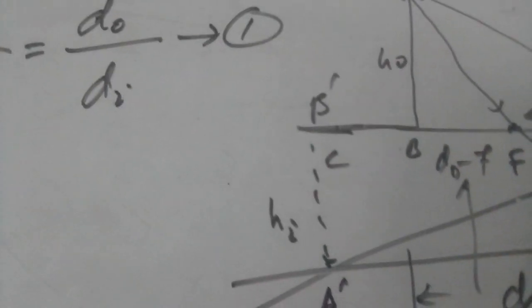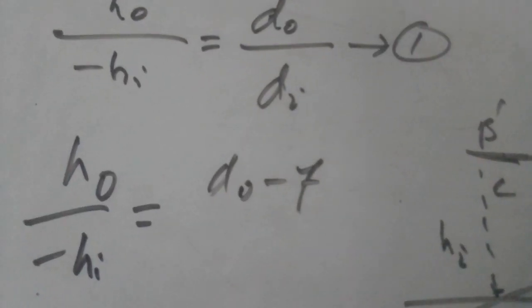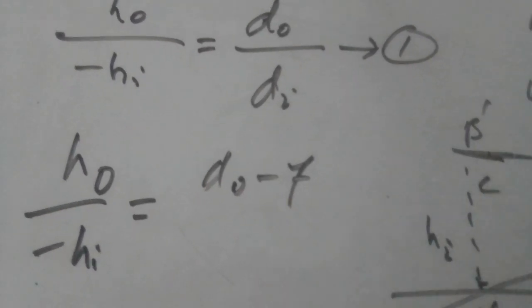So HO divided by minus HI is equal to this distance, which is DO minus f, because this is F and this distance is DO, divided by this distance, which is the focal length f. So HO over minus HI equals DO minus f divided by f.